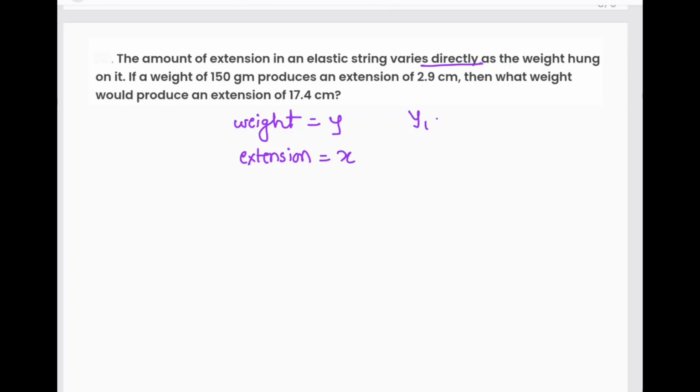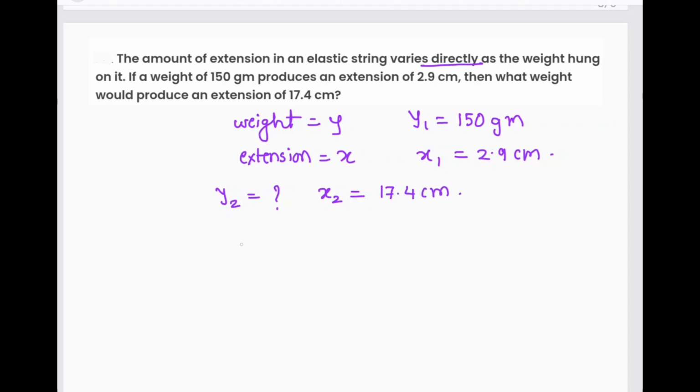So y1 is given as 150 gram and x1 is given as 2.9 centimeter. y2, it is asked to find x2, it is given as 17.4 centimeter.